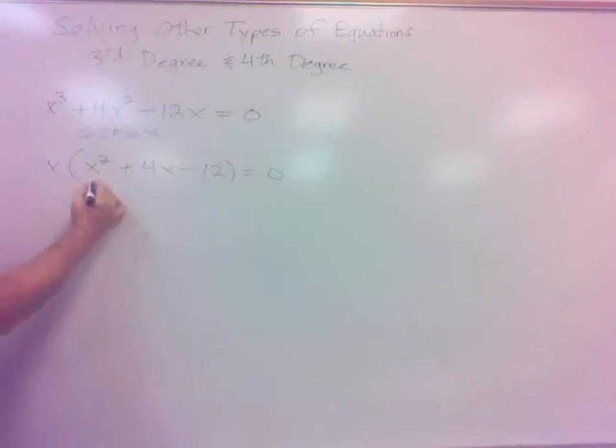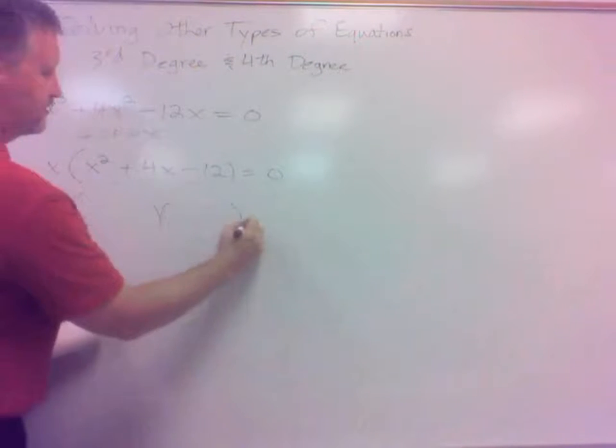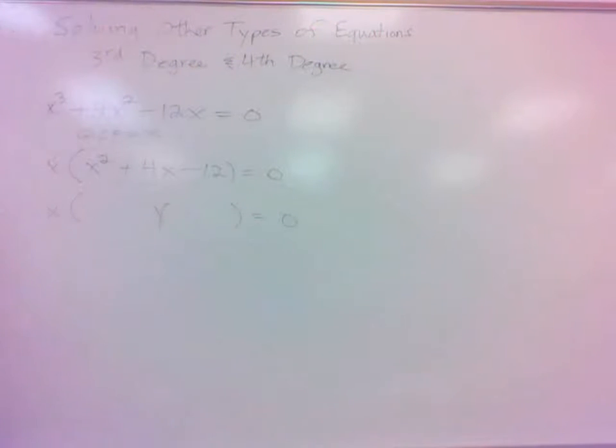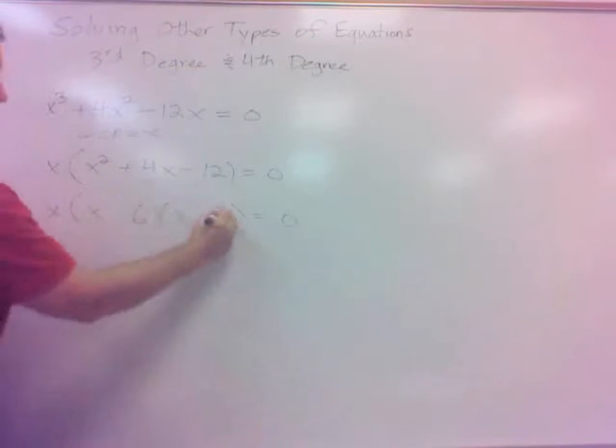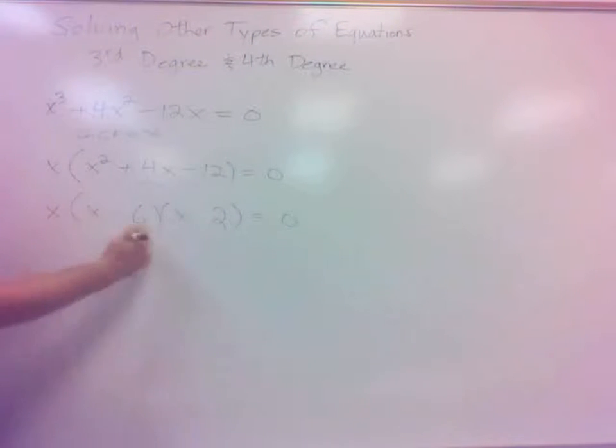This one is a trinomial, so keeping the x, doesn't this trinomial also factor? I think so. We've got x squared, so that's x and x for it. We've got minus 12 with 4 in the middle. 6 and 2? Yeah, 6 and 2. And it's a minus 12, so one of them needs to be negative. Negative 2, positive 6, because that adds to be the 4. Okay, so it does factor up nicely.